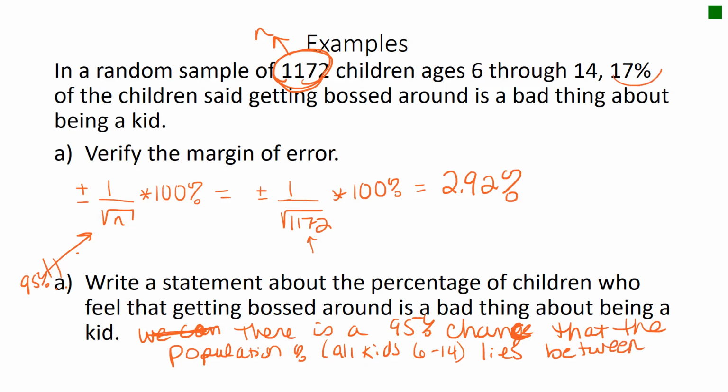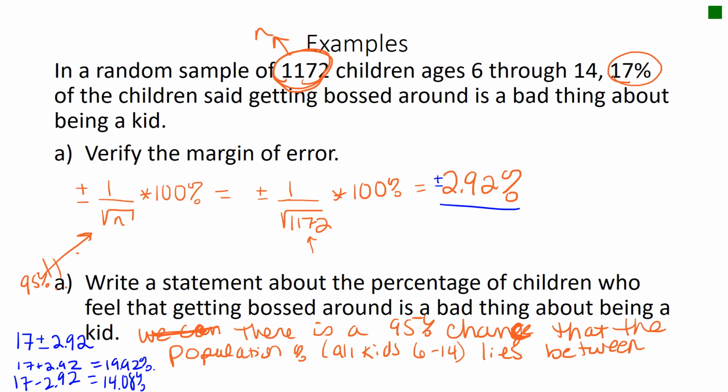They reported 17%, and the margin of error is 2.92%. So we take 17 and we add and subtract, because all this has a plus or minus in front of it. Plus or minus 2.92. So 17 plus 2.92 gives 19.92, and 17 minus 2.92 is 14.08.